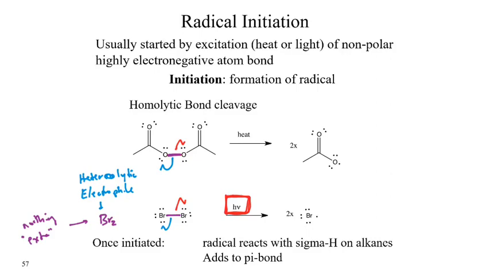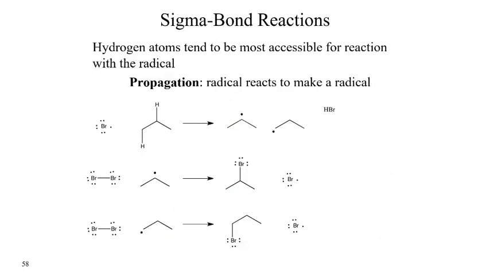So our radical initiation, to say it again, as our big summary before we move on, our radical initiation is the formation of a radical. So we start with no radical and then we become radical. After that, we're now moving into our actual reactions, and this would be our propagation. So propagation is that radical reacting with anything it can come in contact with. So for instance, if we look at that very first one, that bromine can share a single electron.